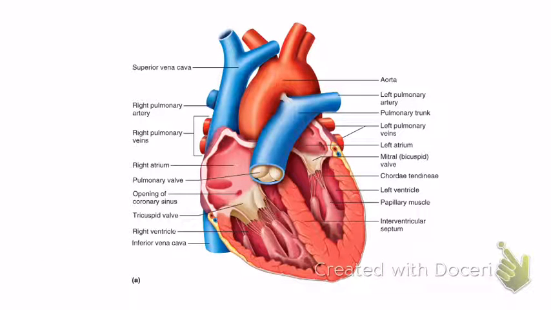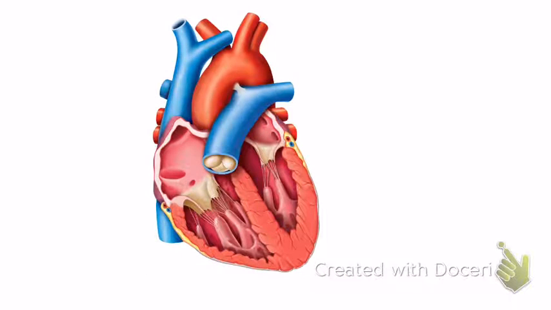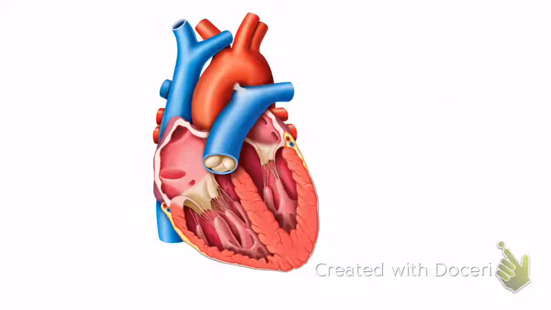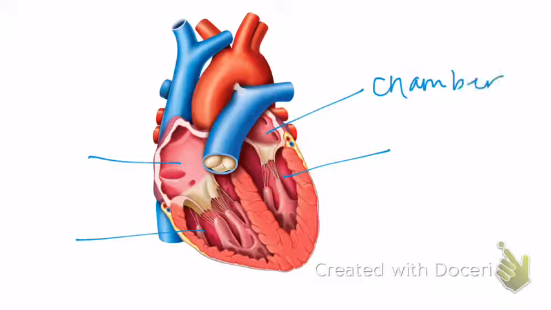Good. On the opened up one, let's try a couple practice ones. Let's say you want to know all three valves that you can see. So 1, 2, 3. Try those real fast. You got the pulmonary valve, tricuspid over here, and bicuspid over there. Okay, let's say name all 4 chambers. And remember, this question is going to say name the chamber.